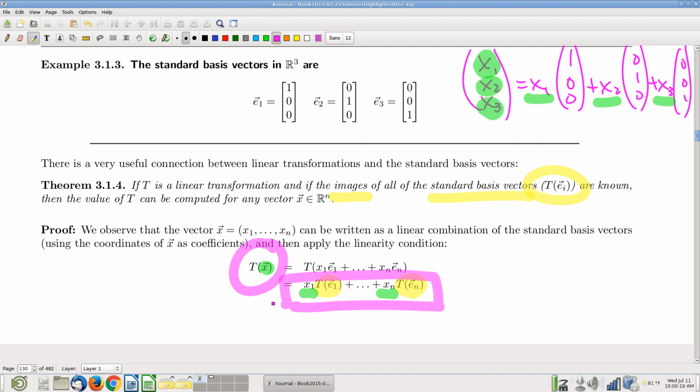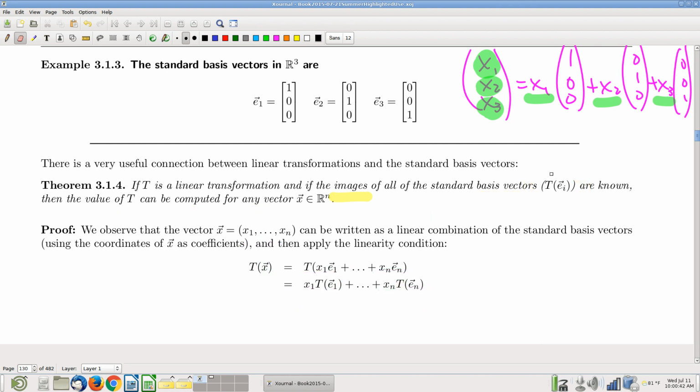There's a formula, right? If I know what these yellow standard basis vector images are, you give me a green vector, I punch it up per the purple box there, and I compute T of x. So the value of T can be computed for any vector x. So, neat fact. Cool magic trick.